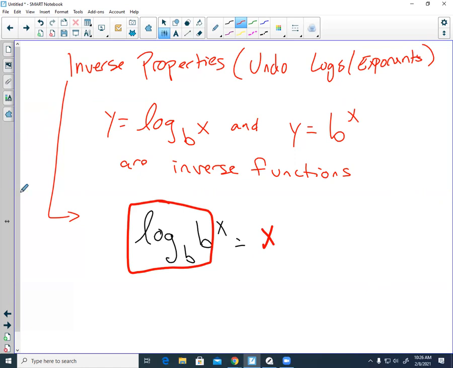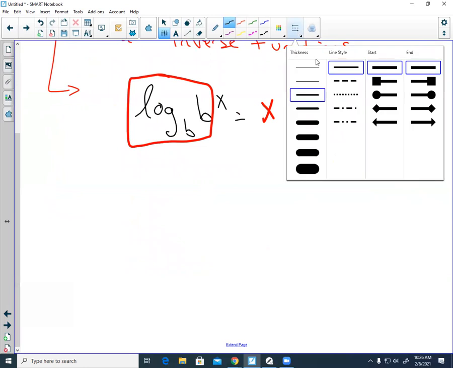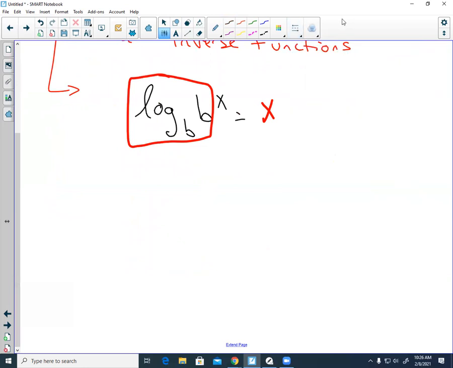The next inverse property is this one. If I have b raised to the log base b of x, you can see now we have b being raised to a power, and we have a log.